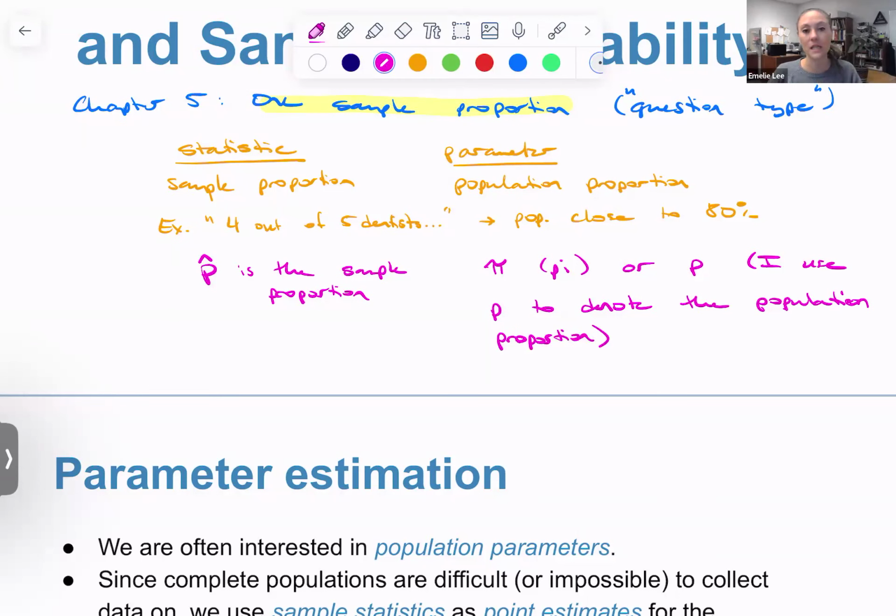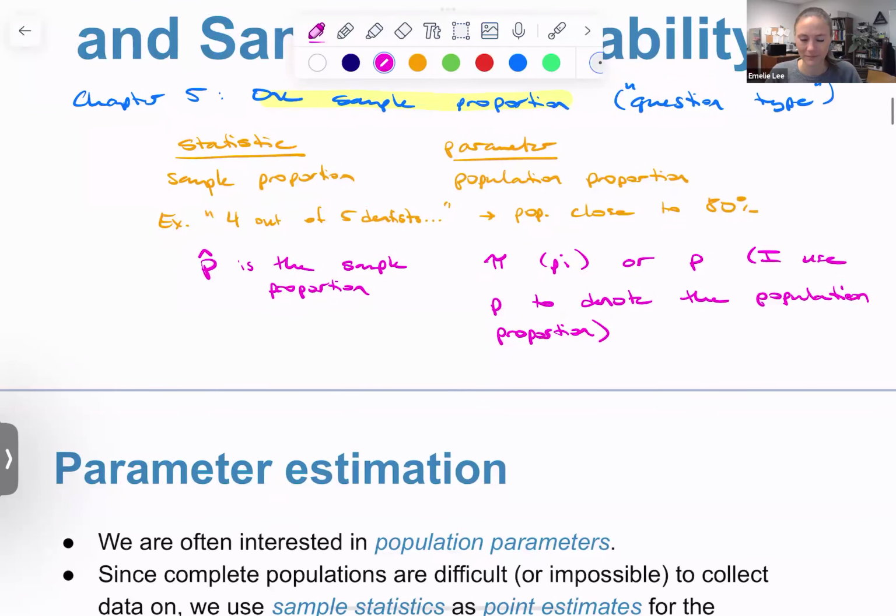This is the only time where I don't use a Greek letter, and it's only because pi is a constant, right? So I don't want to get confused with the constant 3.14159. Doesn't matter. And so here I use p for the population proportion.